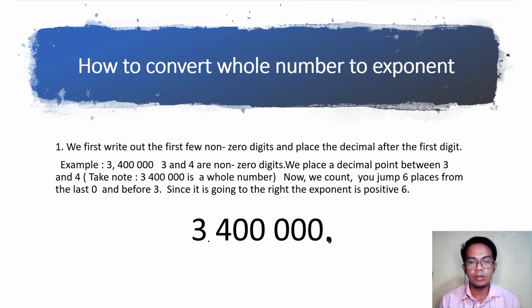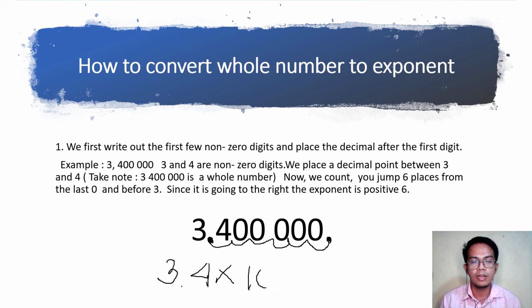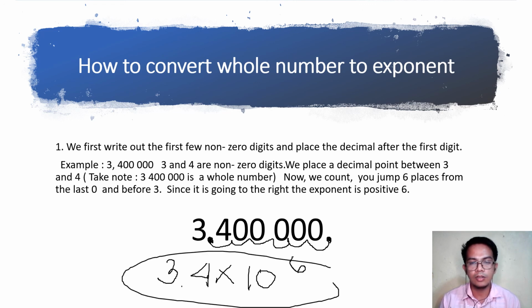We need to move going to the right because this is positive. 1, 2, 3, 4, 5, 6. Then we write it in scientific notation: 3.4 times 10 raised to 6. So this is the answer.